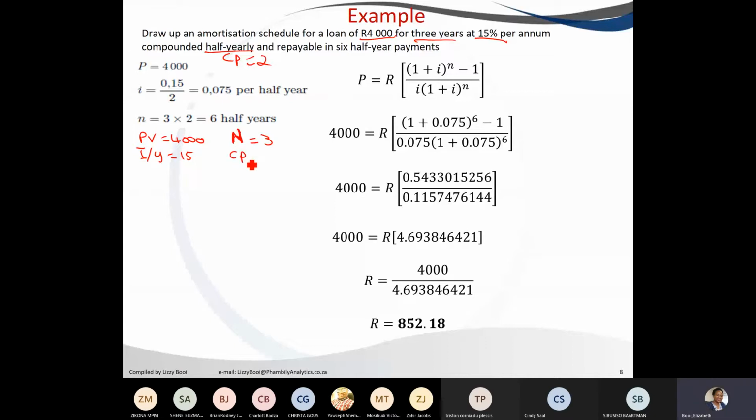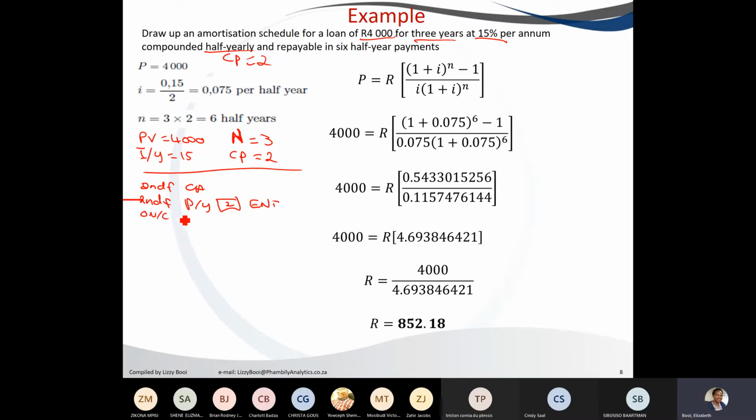Our compounding periods, which are 2. So now we are ready to calculate our payment. Second function, CE/C, clear our calculator from any stored value. Second function, P/Y, to put in our compounding period, which is 2, and we press the ENTER button.